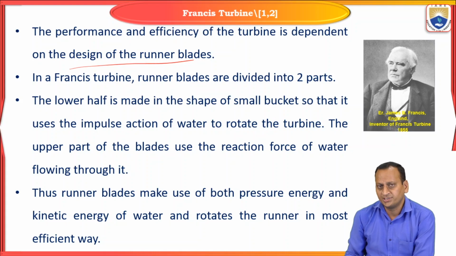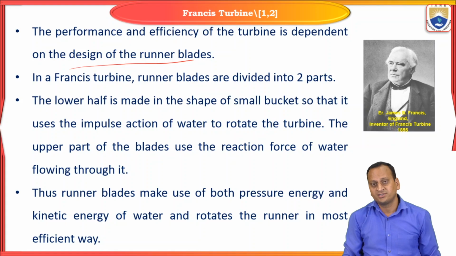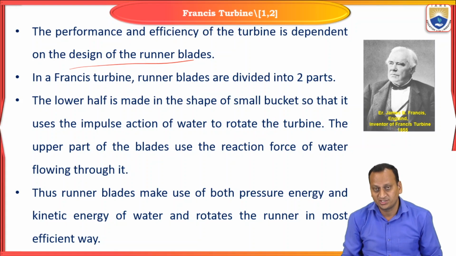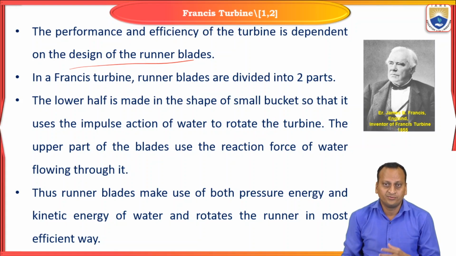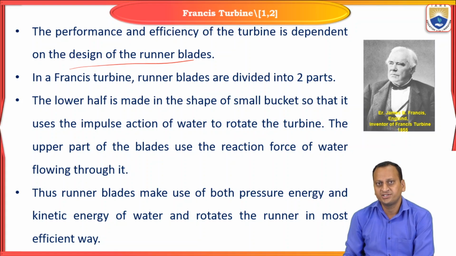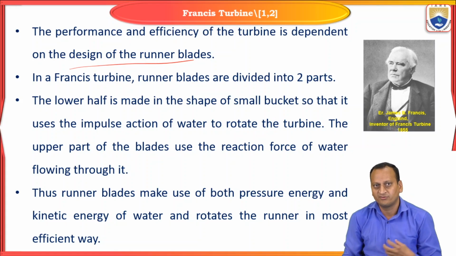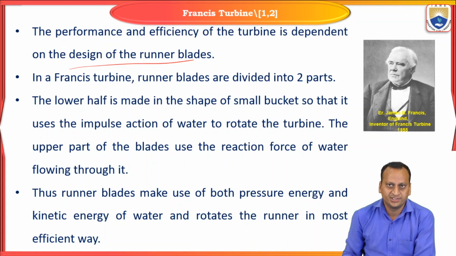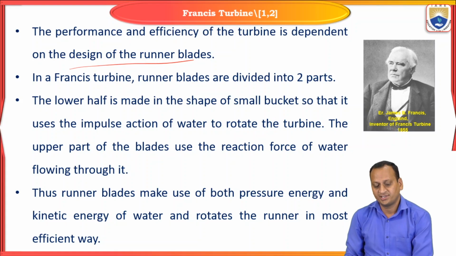So one force is developed due to the kinetic energy, and another force is generated due to the pressure energy. So these two energies are available, and due to that the force generated is greater than the force available in a Pelton wheel turbine. In case of impulse turbine, only the kinetic energy is available. The entire energy of the liquid is converted into only kinetic energy, where the force due to kinetic energy is developed. But in this case, two types of forces are available.